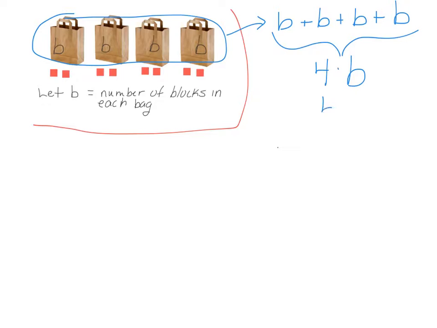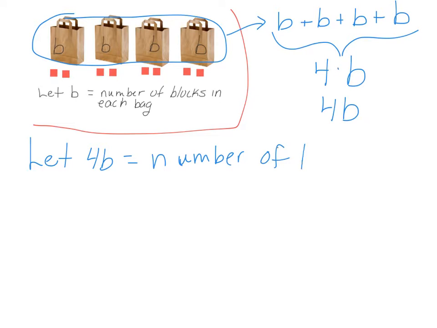And you know that I want 4 times B to be written as 4B. So I'm going to write another let statement. So let 4B equal, well, what does that equal? It's in blue, and in blue in my diagram, I have it all circled, is the number of blocks in 4 bags.